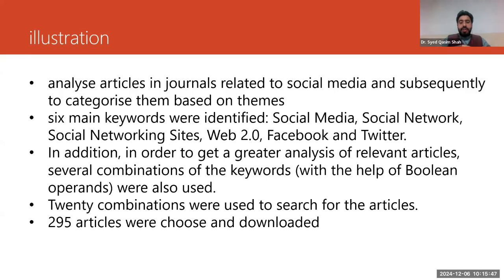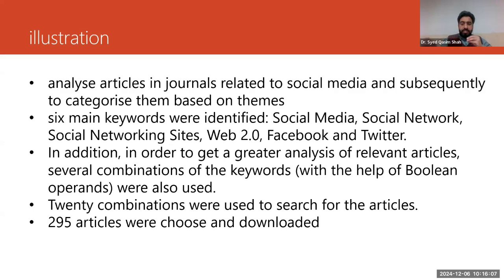Now we will come up with different combinations like social media and social networking. The next search will be social networking sites and social media, social networking sites and Facebook, Twitter and social network, social media and Twitter, social media and Facebook.